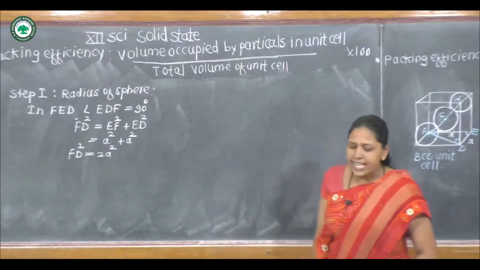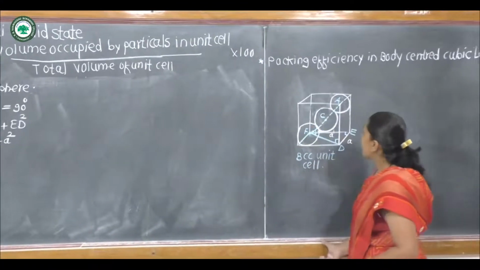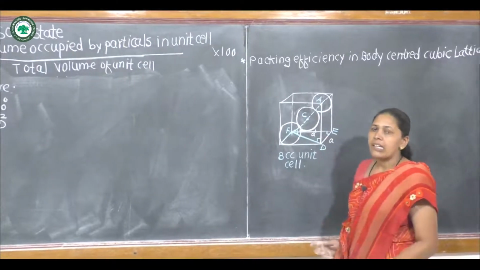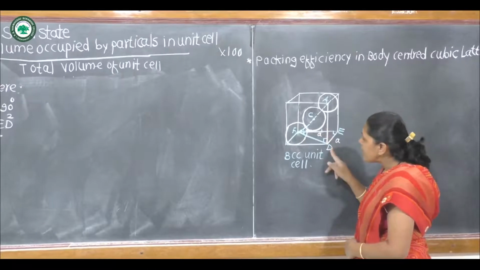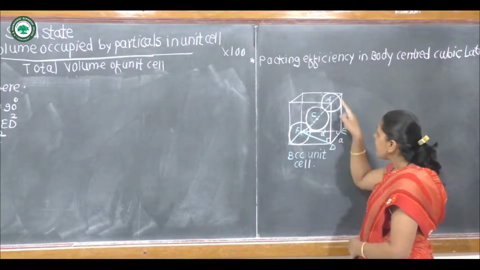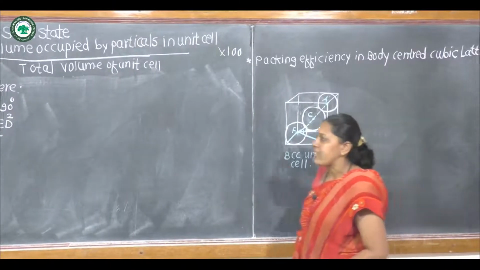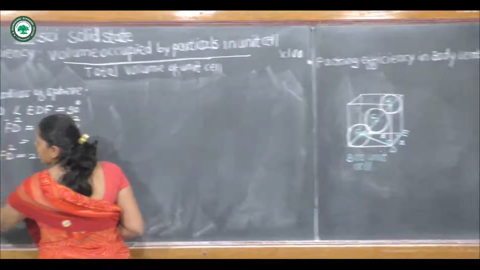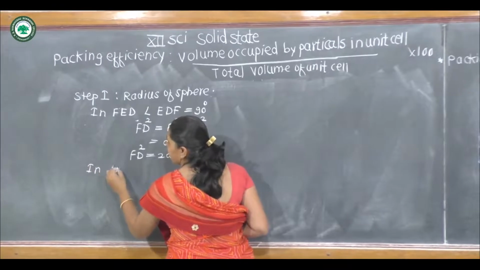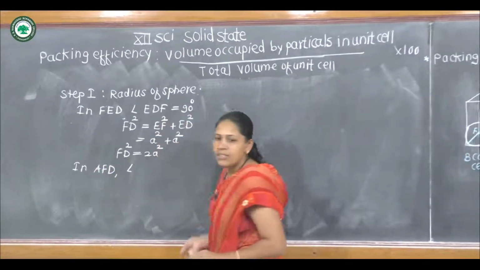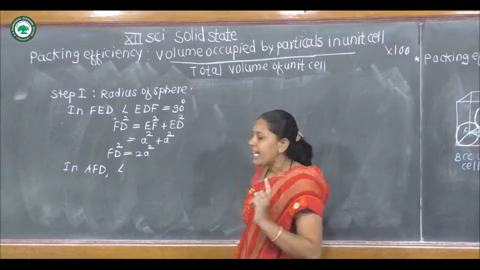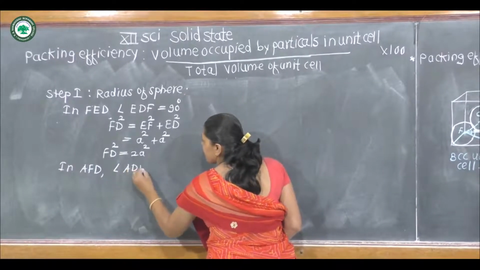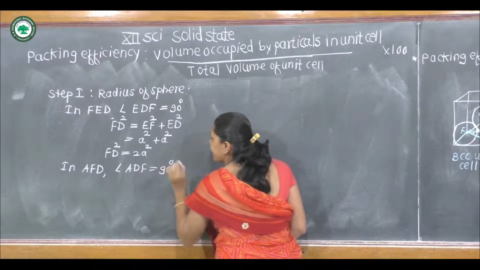Then next, triangle AFD. In triangle AFD, angle ADF is a right angle, equal to 90 degrees.